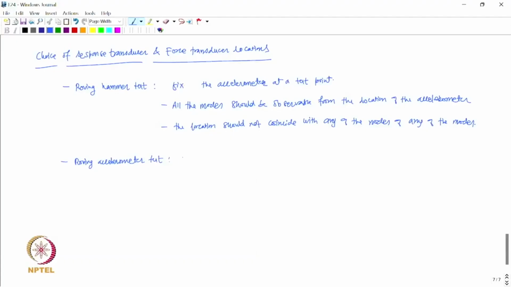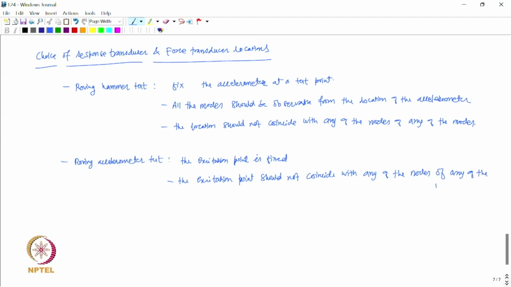The excitation point is fixed, therefore the excitation point should not coincide with any of the nodes of any of the modes, okay.